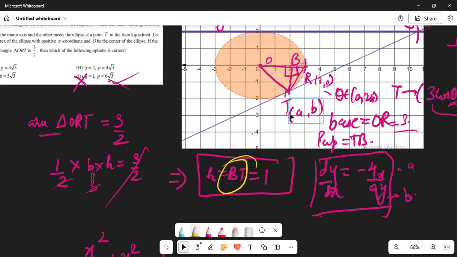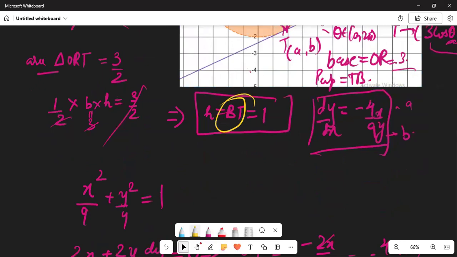So BT equals the modulus of 2 sin theta, which is 1.